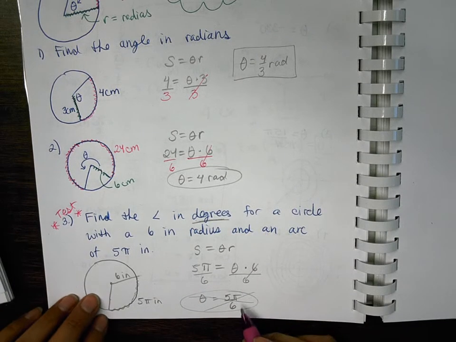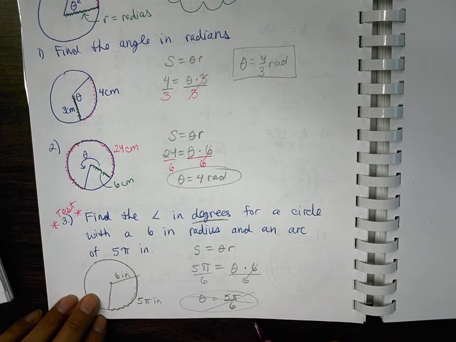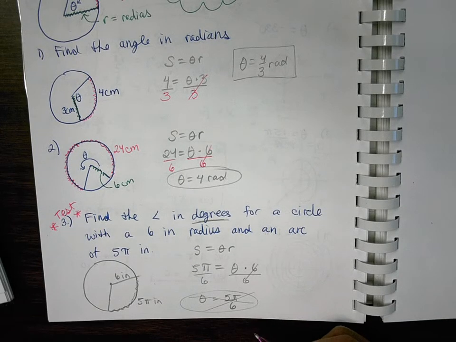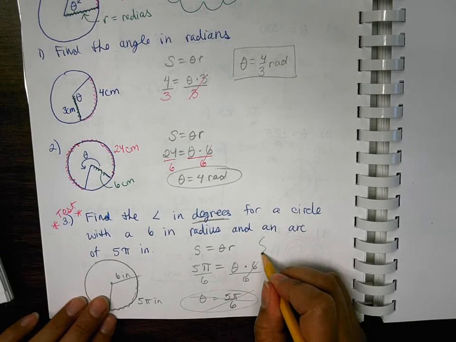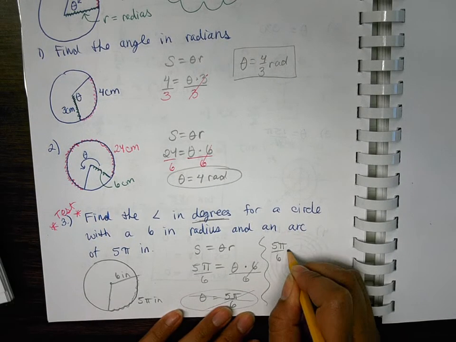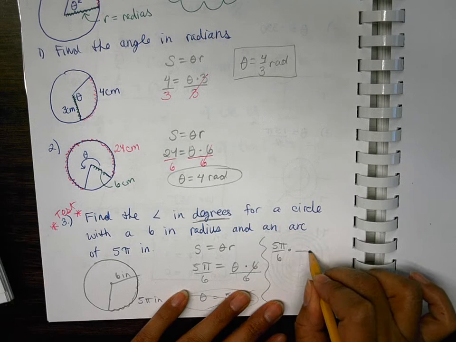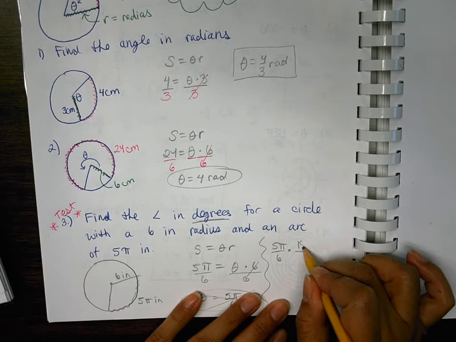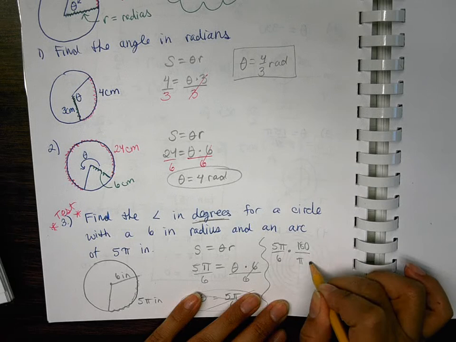All right, you convert or you have memorized. Does anybody have memorized that 5 pi over 6 is 150? Some of you do. If you don't have it memorized, do you guys remember how to convert? 5 pi over 6 times, I'm trying to change it to a degree. So 180 is at the top and pi radians is at the bottom.